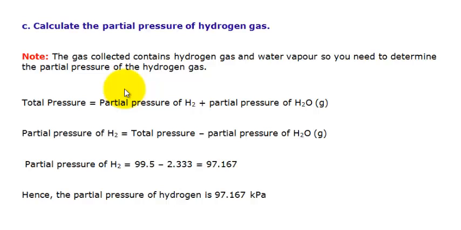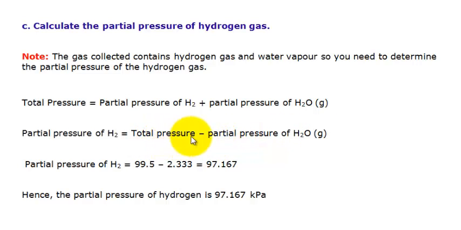So, in this case, the total pressure equals the partial pressure of hydrogen plus the partial pressure of water vapor. So the partial pressure of hydrogen equals total pressure subtract partial pressure of water vapor.